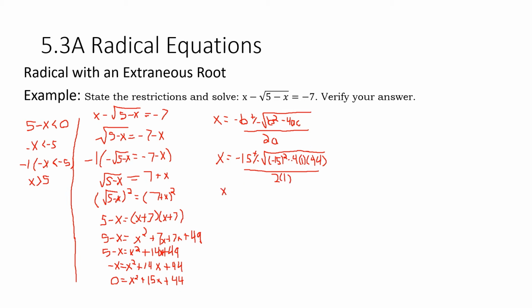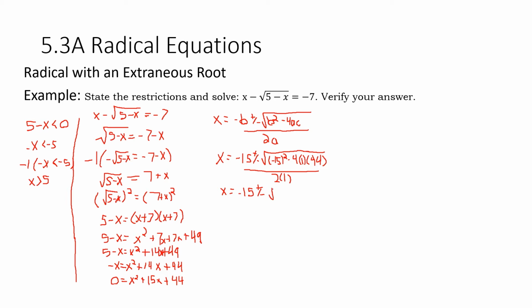Let's simplify what's underneath here. So x is equal to negative 15 plus minus 15 squared is 225. 4 times 1 times 44. 4 times 1 is 4. 4 times 40 is 160. 4 times 4 is 16. So 4 times 44 is 176.